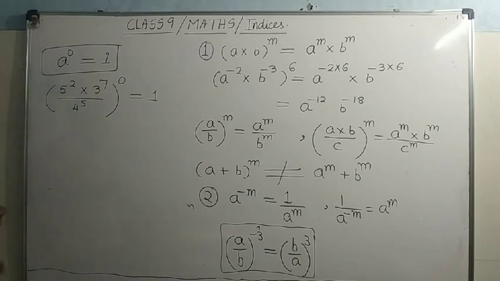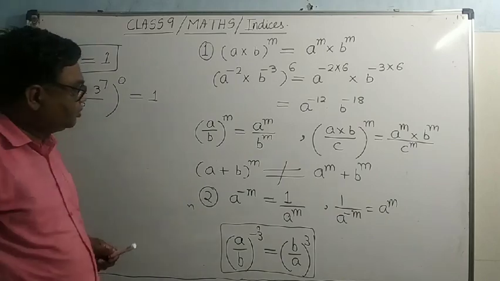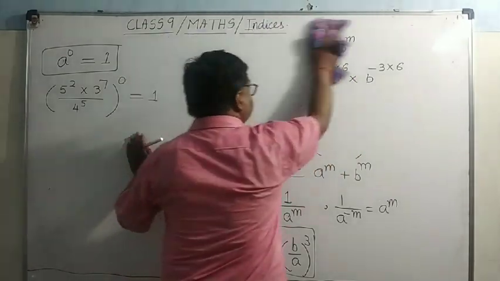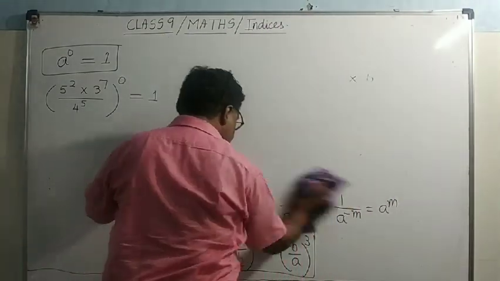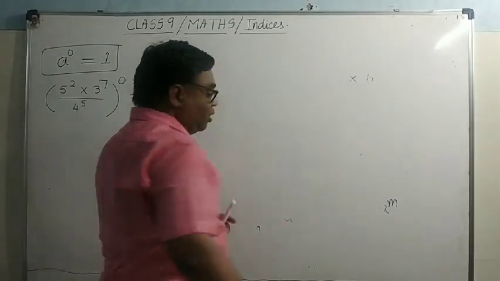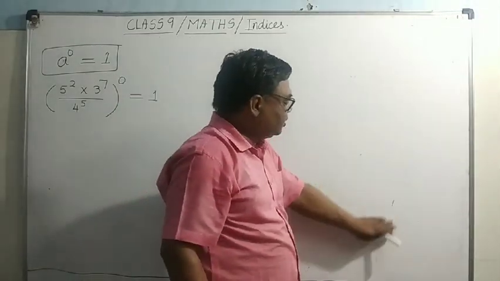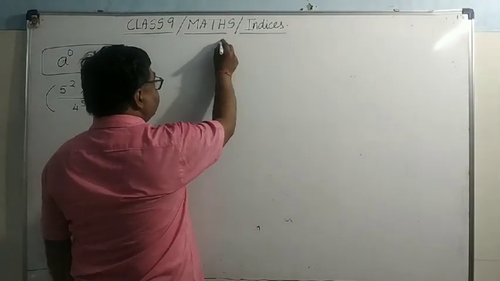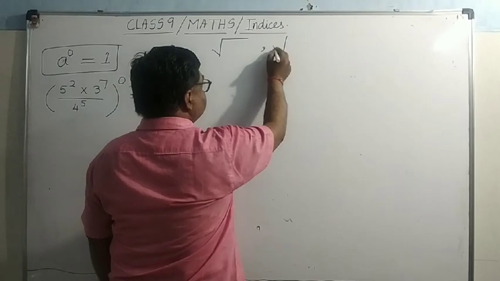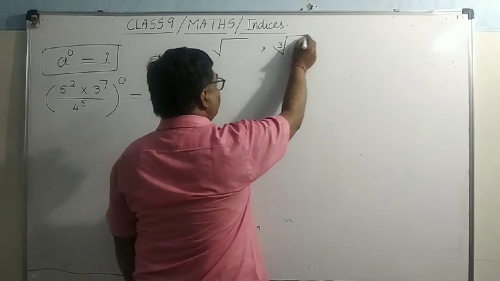Then there is one more thing. You have seen the numbers here, you can see. We have seen numbers like this, which have this sign. It is the square root. This is the cube root.